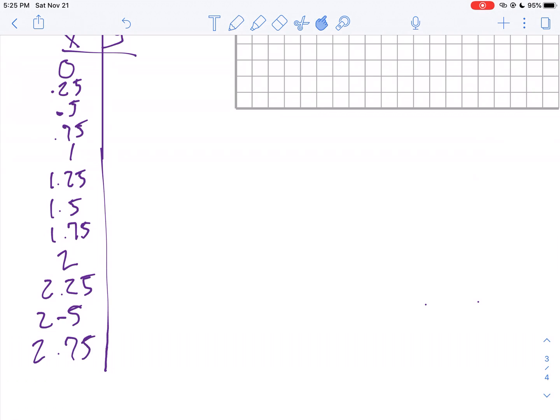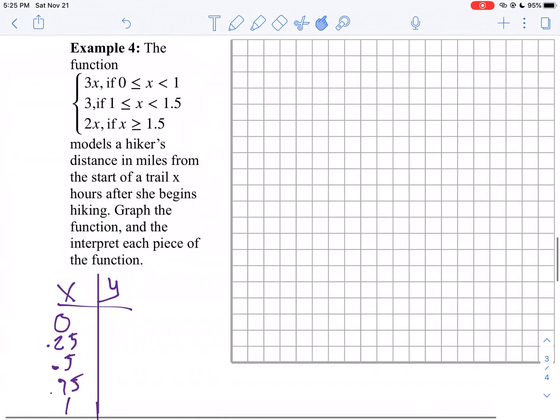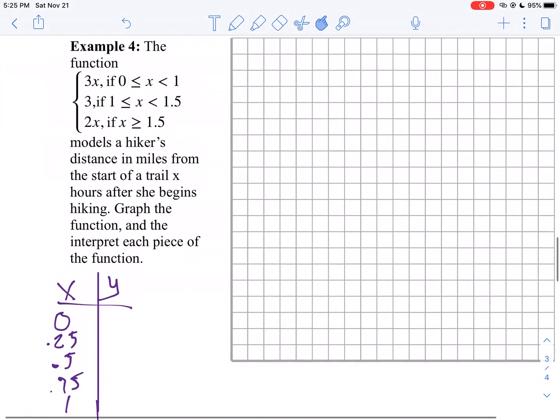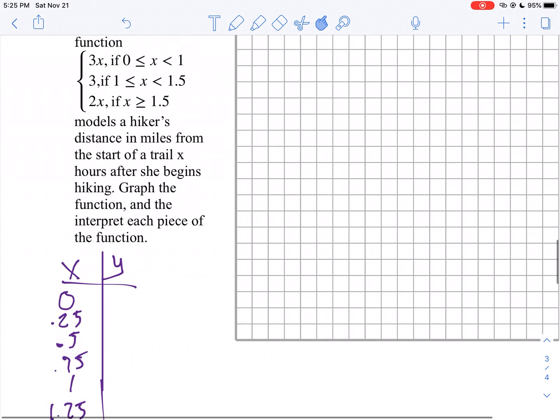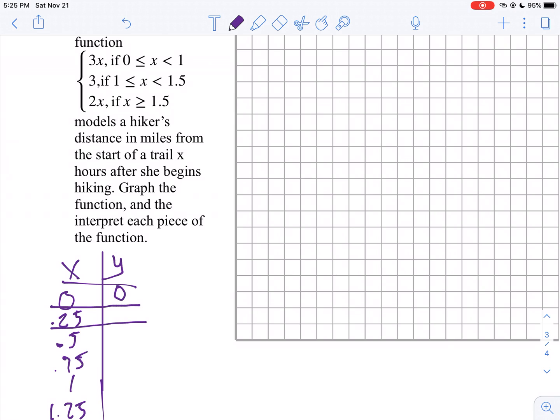So we're going to use our rule. Between 0 and 1, I'm going to multiply x by 3. So 0 times 3 is 0. 0.25 times 3 is 0.75. 0.5 times 3 is 1.5.